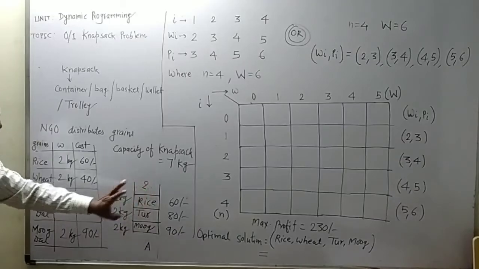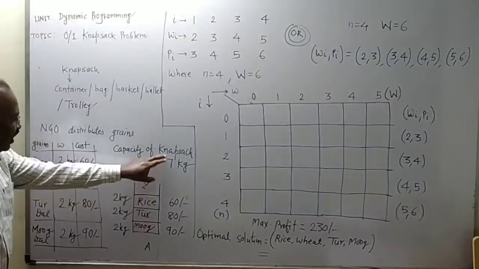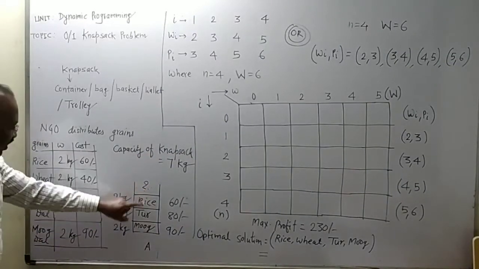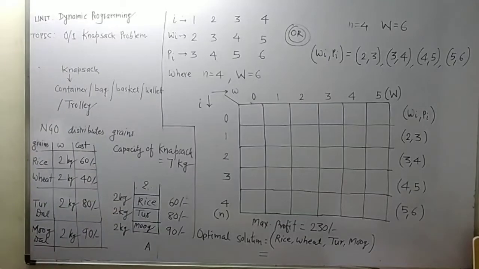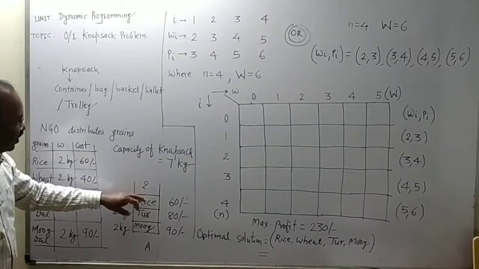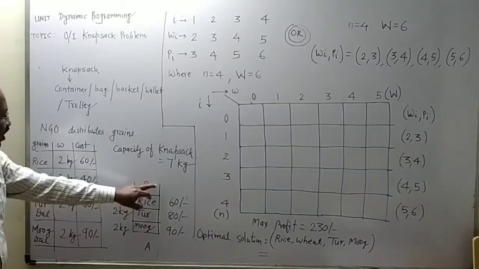1 kg is remaining. It means that the remaining capacity of the knapsack is 1 kg. Then person A will try to collect the wheat, but the 2 kg of wheat cannot be kept in the container because the remaining capacity of the container is 1 kg.